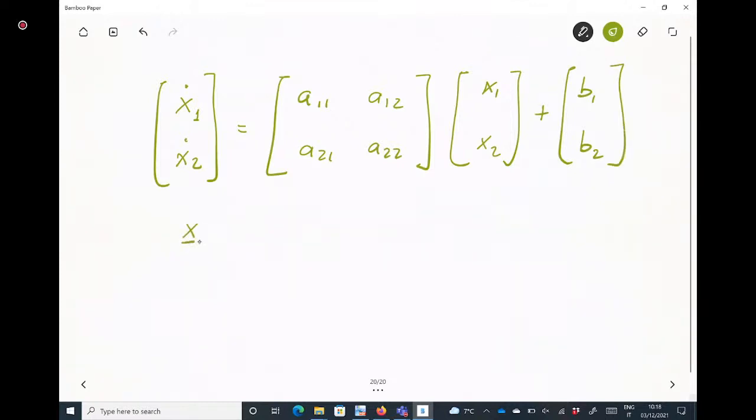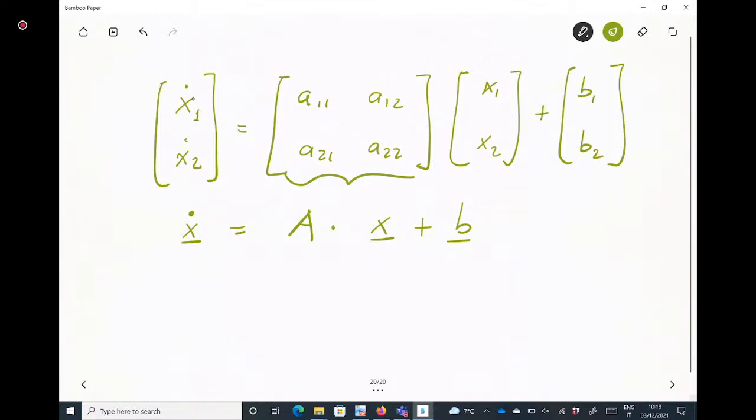That is, x dot, the vector of the time derivatives, is equal to A, the matrix of the coefficients, times x, the vector of the states, plus B, the vector of the forcing terms.